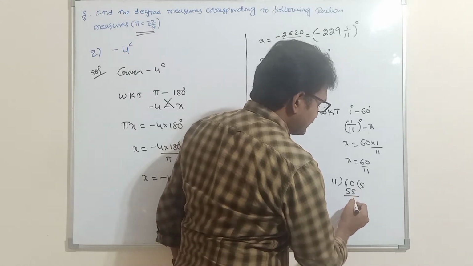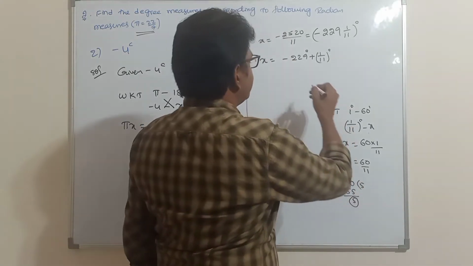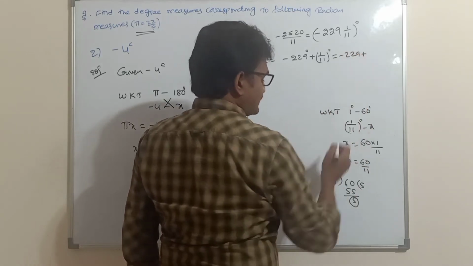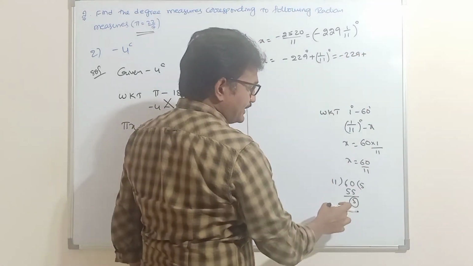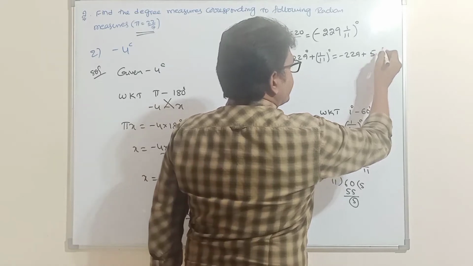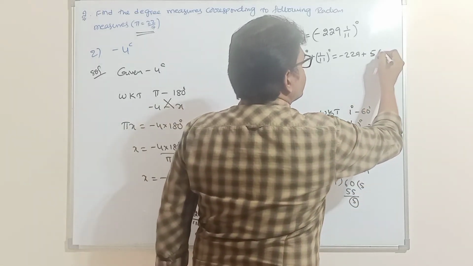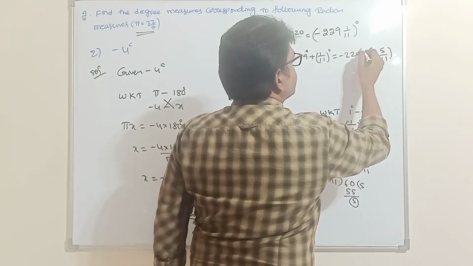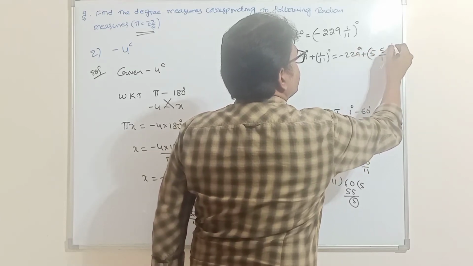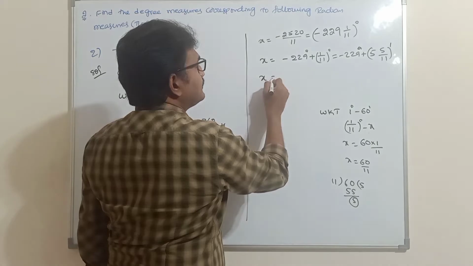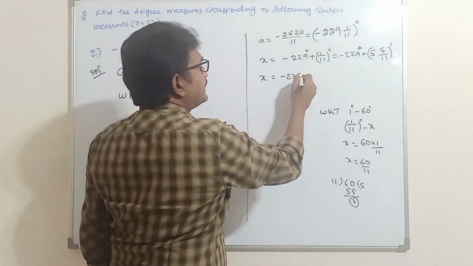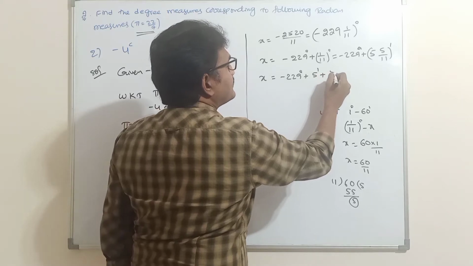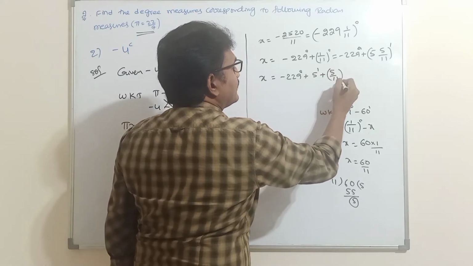So the remainder is 5. So this is 5 by 11 minutes. So x is equal to minus 229 degrees plus 5 minutes plus 5 by 11 minutes.